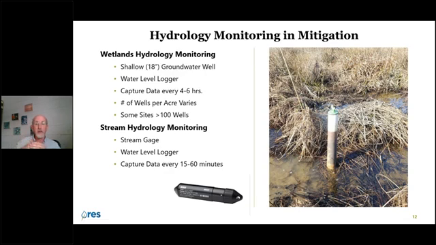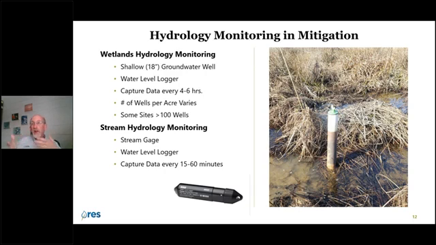Self-contained battery, data, all of that is contained, and that goes inside the well. It's programmed to capture data every 4 to 6 hours during the day. Kind of gets the highs and lows of the daily fluctuations in the groundwater table.